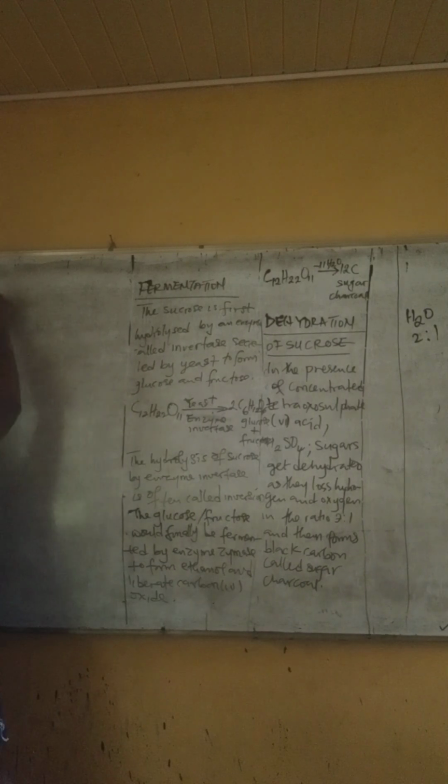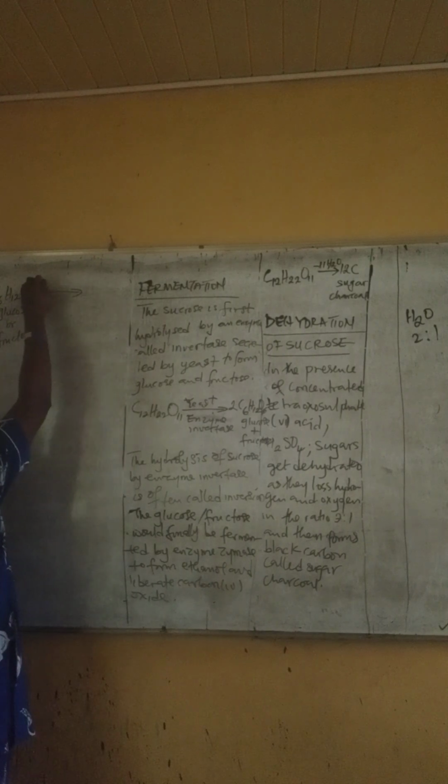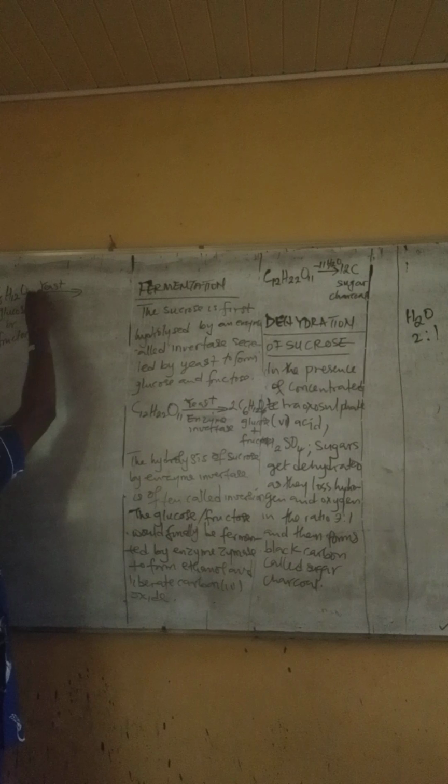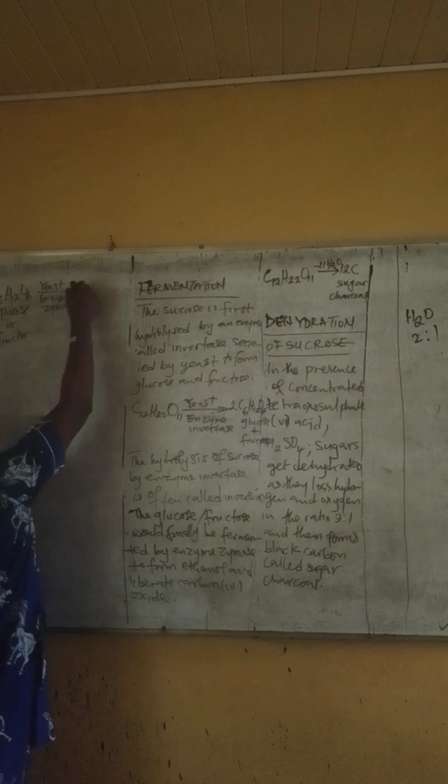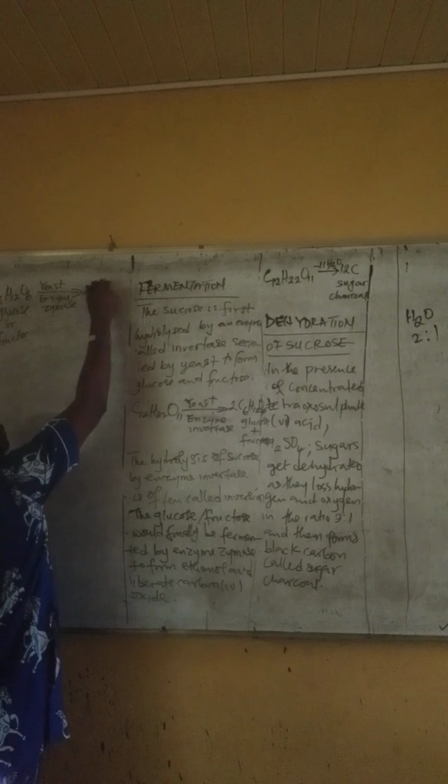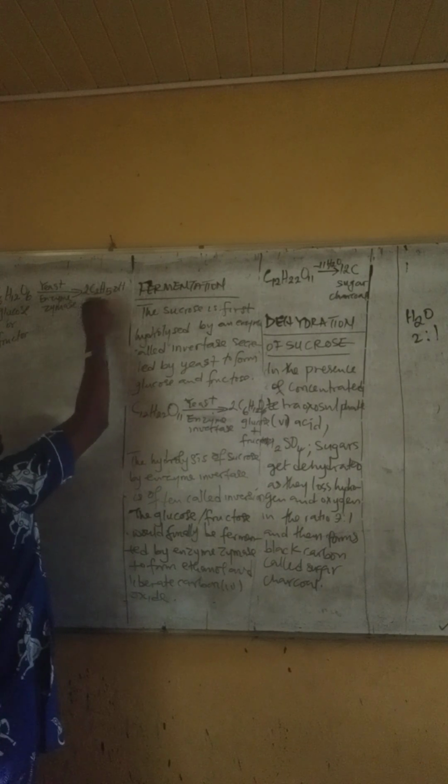So, what do we have there? We have C6H12O6, which is either glucose or fructose. Either of them, in the presence of yeast, which produces enzyme zymase, then we now have two molecules of C2H5OH plus two molecules of carbon 4 oxide. So fermentation is said to have taken place.